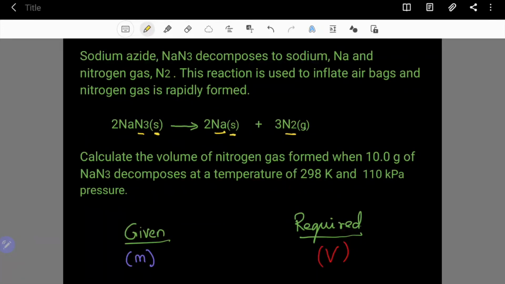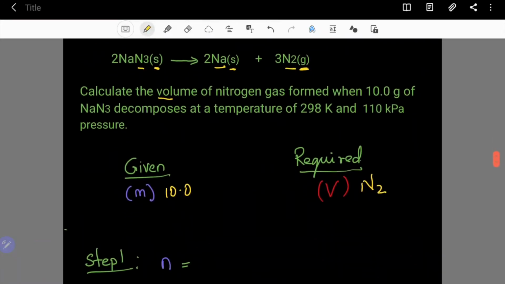And you have to calculate the volume of nitrogen gas formed, measured at 298 Kelvin and 110 kilopascal pressure, when 10 grams of sodium azide decomposes. So as always, it's very important to identify what is the given quantity and what is required. In this case, the mass of sodium azide, which is decomposing, is 10 grams. And the required quantity is the volume of nitrogen gas released.